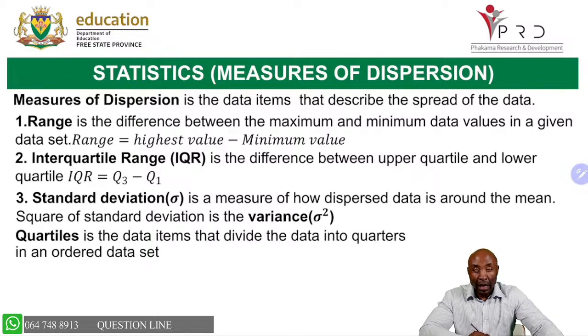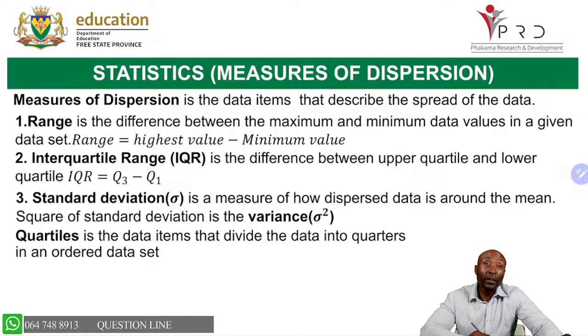Now, our data can be analyzed and put into groups of quarters for us to see the spread of our data. We are grouping the data items into quarters, and each quarter represents 25% of the data set.